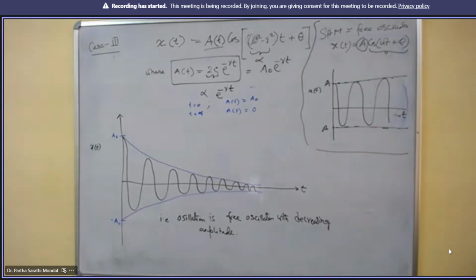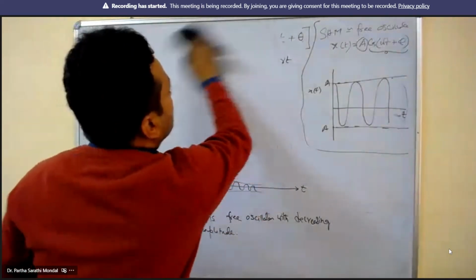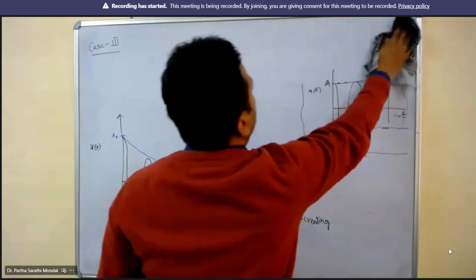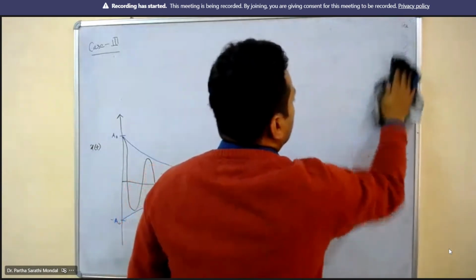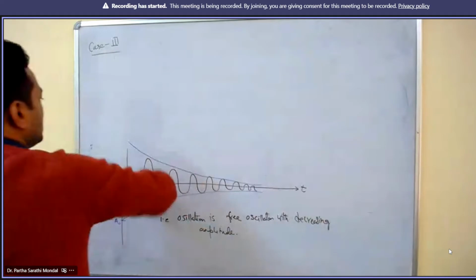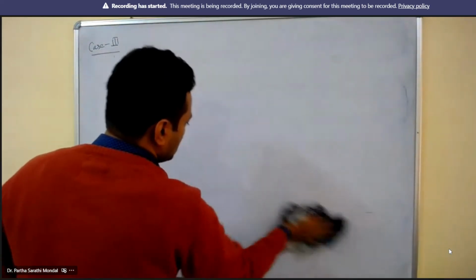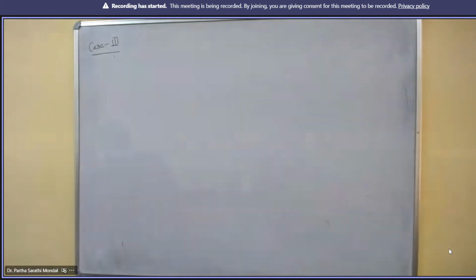10 o'clock class. Okay, now let us take the second case, case B. In case B, we will consider that gamma is greater than omega.